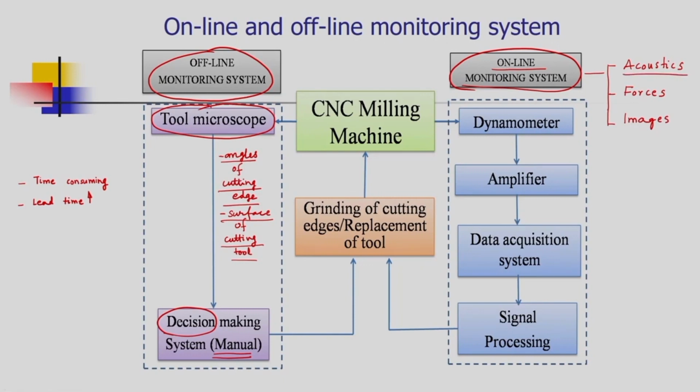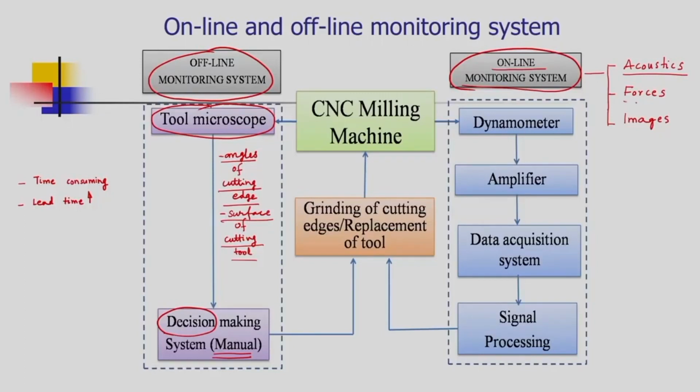If the sound of the cutting operation is normal, it is standard, then we can say that the cutting edges are intact, they are fine. If an unusual sound is occurring, then we can say that there is some problem. It may be either with the tool or with the workpiece. Accordingly, the operator will take the decision or the machine control unit itself will take the decision.